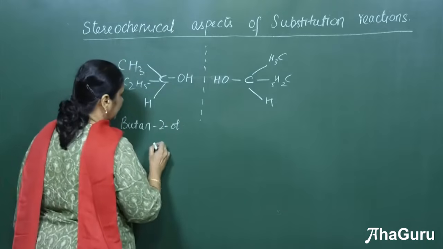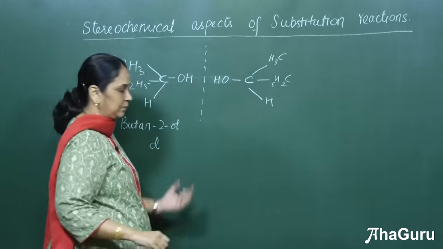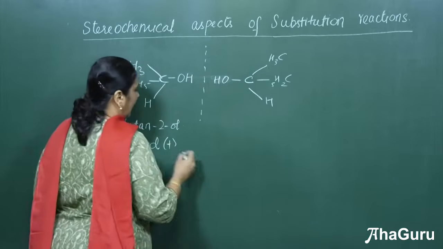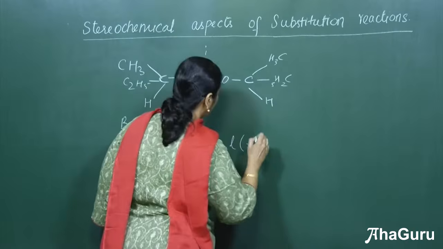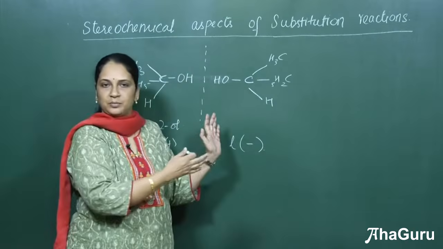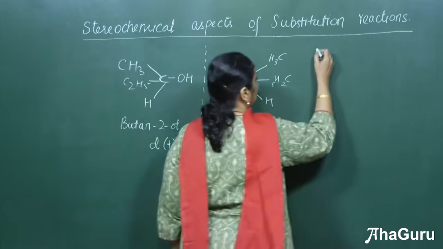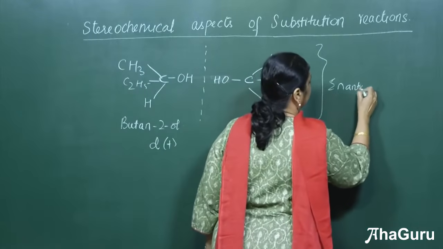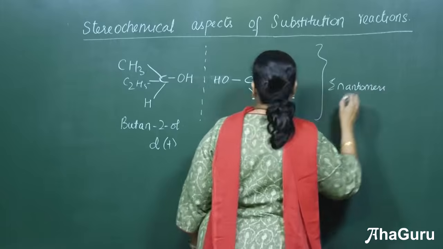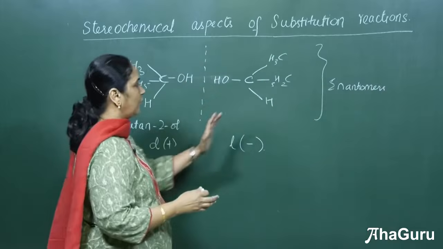Suppose this is the D form or plus form, and this is the L form or negative form. This pair of isomers are called enantiomers, that is, the two mirror images are called enantiomers.